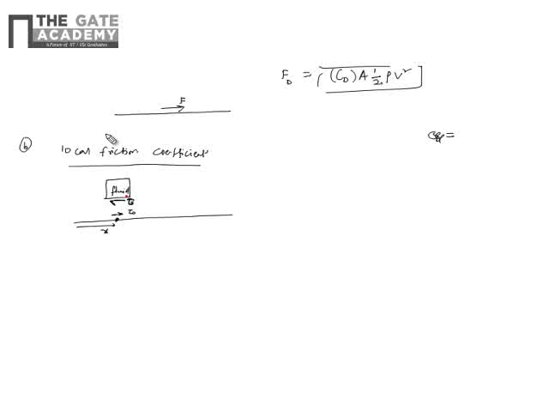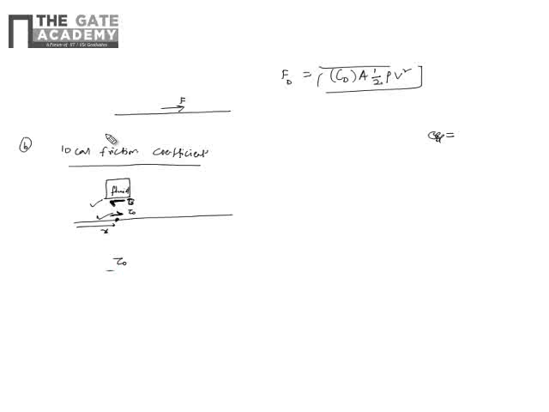The resistive force that comes from the plate will be in this direction, but in turn on the plate it will be tau naught in this way. This is the action, and this is the reaction offered by the fluid onto the plate.